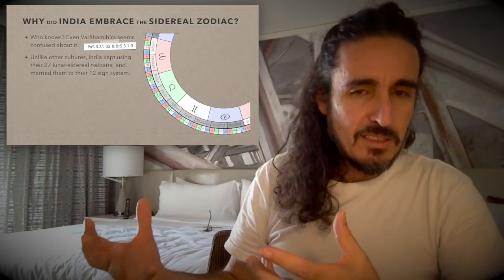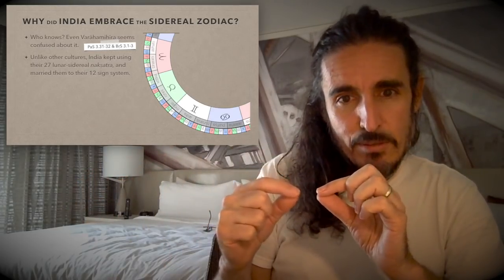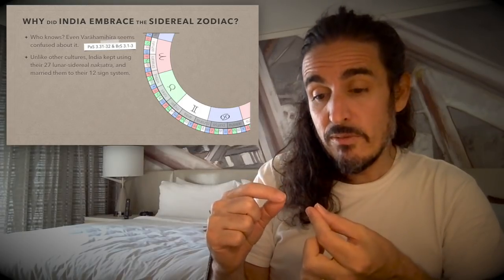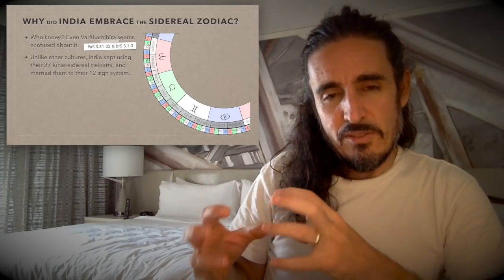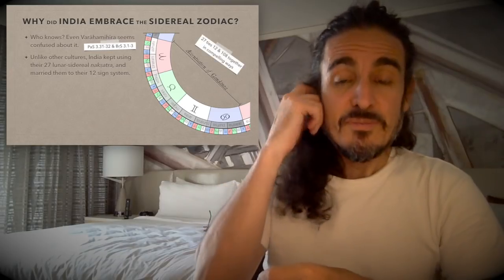So they had these 27 star fields, called the nakshatras. And the way that the 27 star fields interplay with the 12 rashis, if you tie them together permanently, is really special. It's really unique. They really click together like they were made for each other. So they didn't want to unclick that. They didn't want to divorce these two, the star field from the solar field.